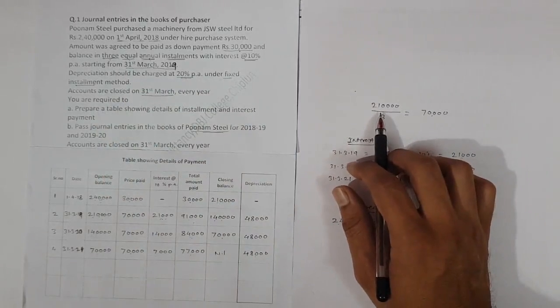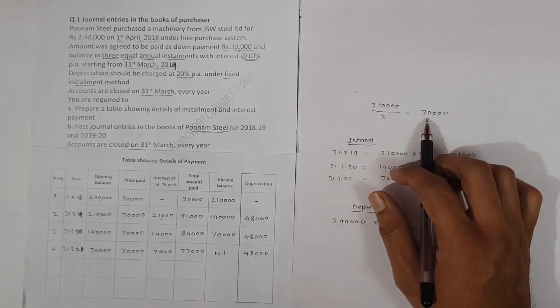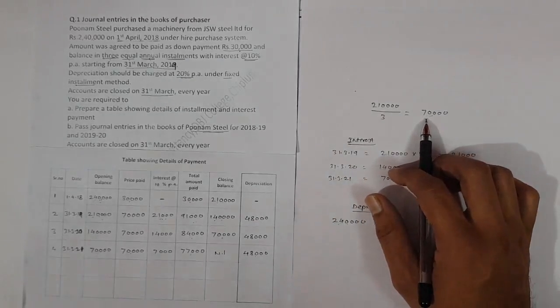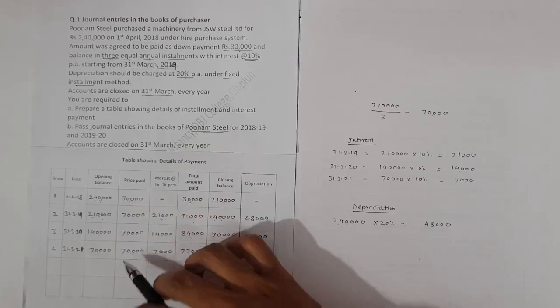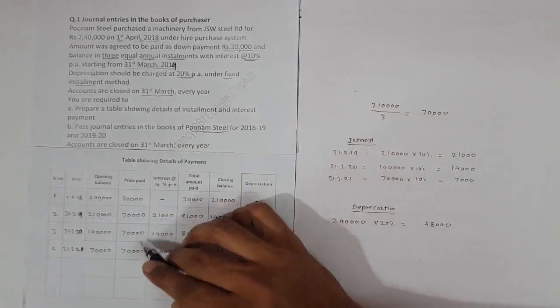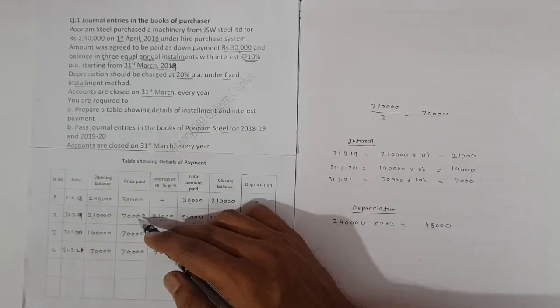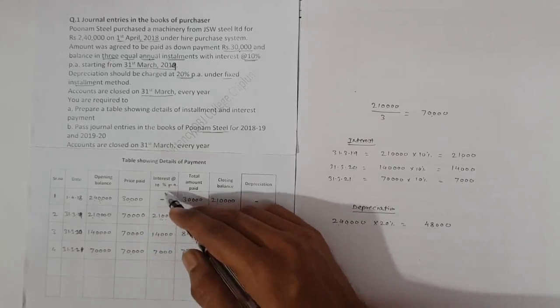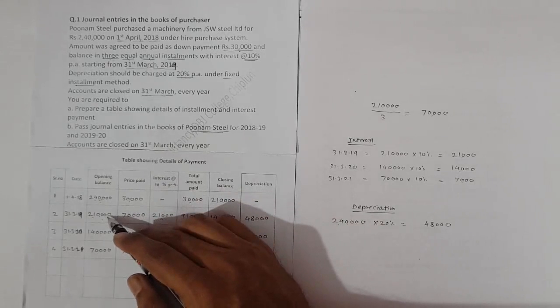So the calculation is shown, 2,10,000 divided by 3 installments. So one installment will be of 70,000 each. This 70,000 is shown in the price column, as the price is settled as 30,000 down payment and then 3 equal installments of 70,000. But along with the 70,000, interest is payable at 10%, which is always calculated on opening balance.